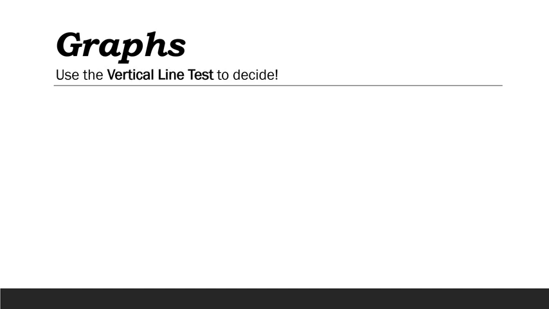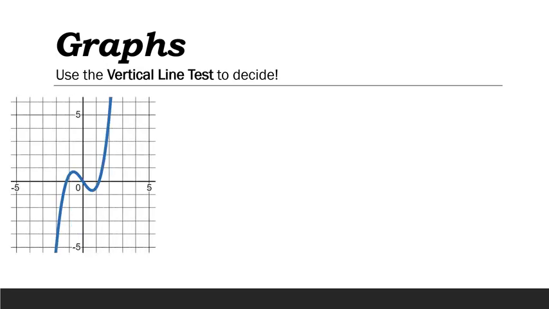Graphs. For graphs, we're going to be using the vertical line test to determine if it is a function or not. Here's our first example. So for this curve, I'm just going to draw in some vertical lines through my graph. And what I'm checking for is how many times each of those vertical lines touches the curve.